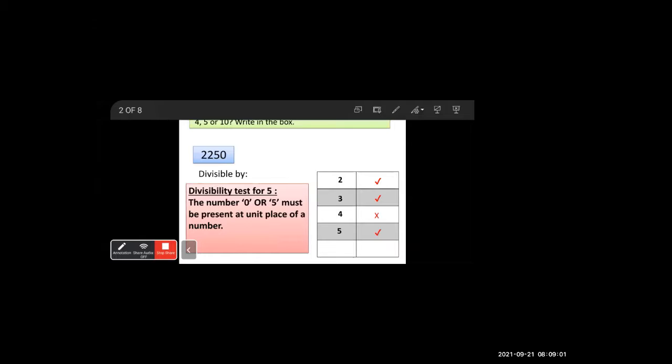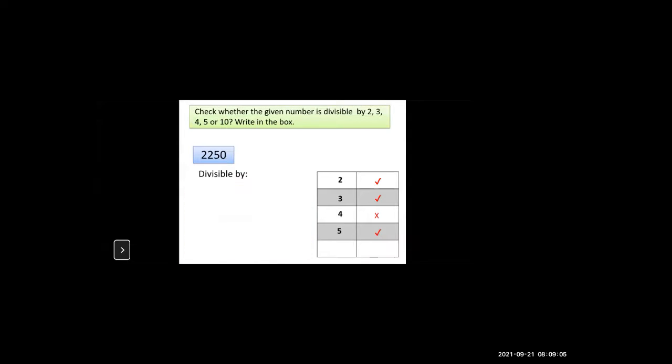Now the last one, which is the easiest of all, the divisibility test for 10. When can you say that the number is divisible by 10? Is the number divisible by 10? Kirti, beta, unmute your audio and tell me whether the number is divisible by 10 or not.